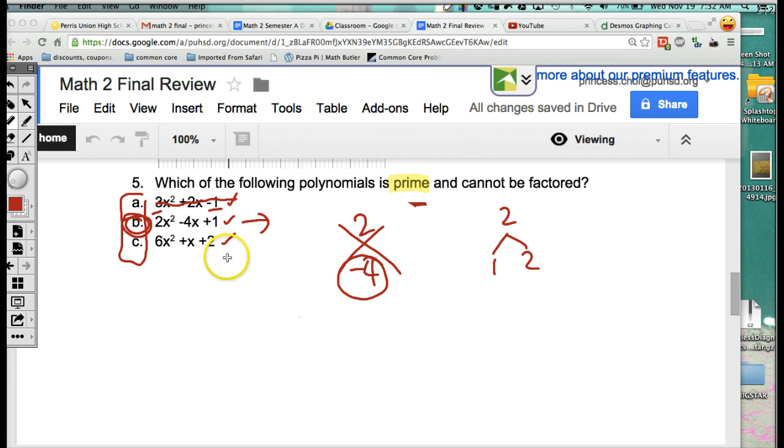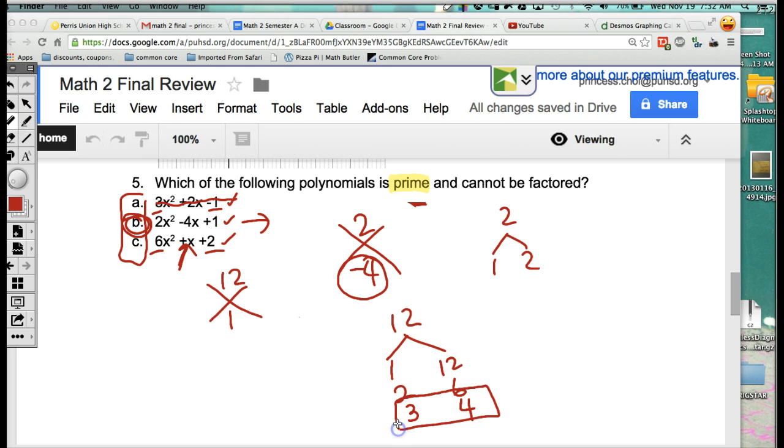What about C? Let's see. 6 times 2 is 12. You put that on top. If there's no number, that means it's a 1, so 1 goes at the bottom. 12 has factors of 1 and 12, 2 and 6, 3 and 4, and we might be able to make 1 with 3 and 4, but because this is positive and this is positive, it's impossible.